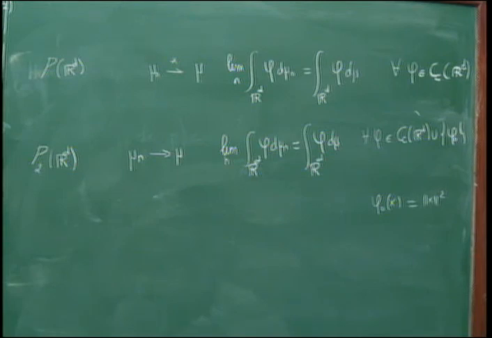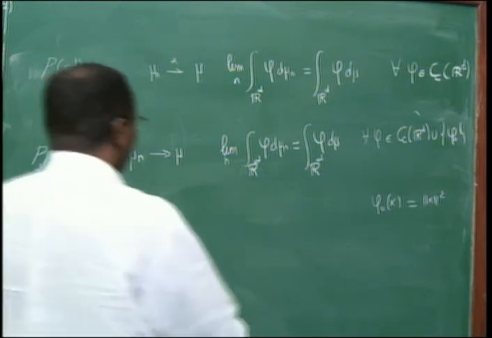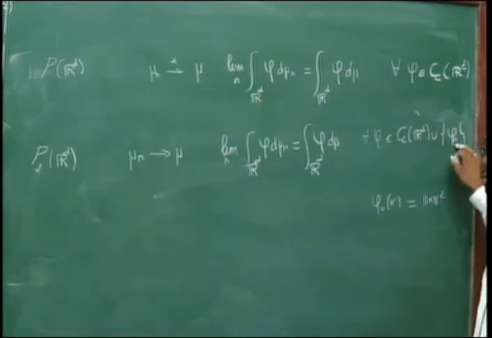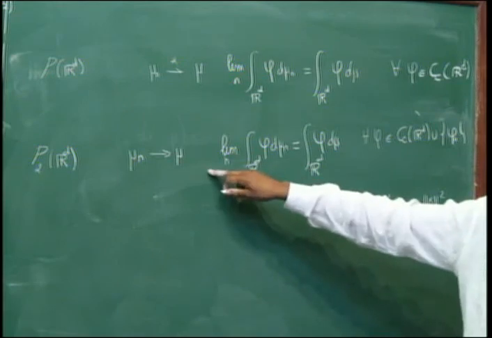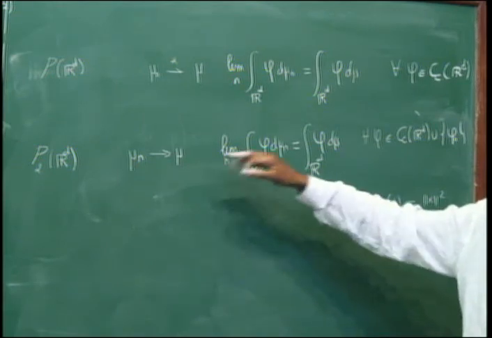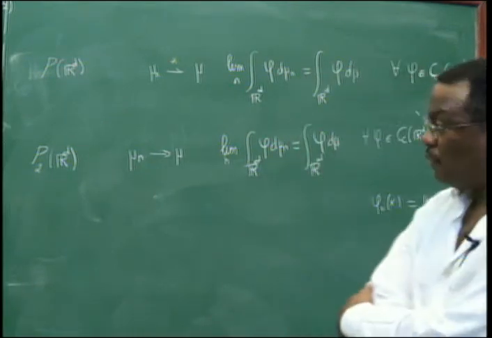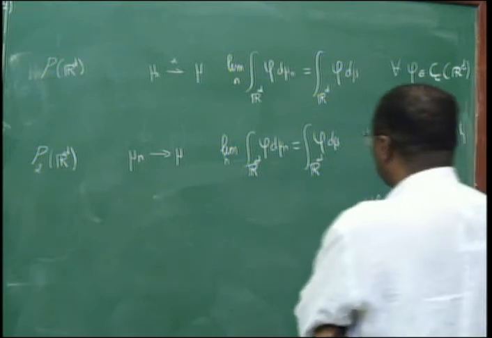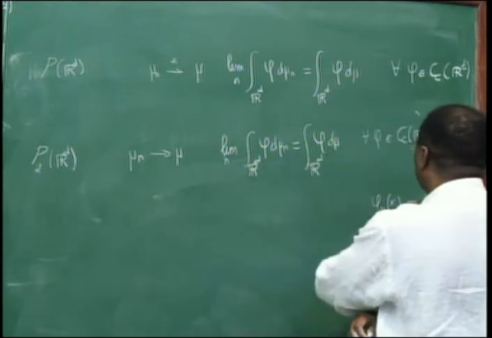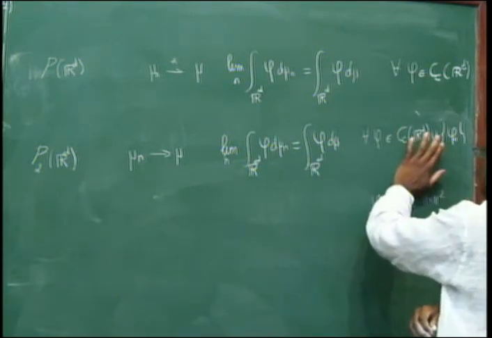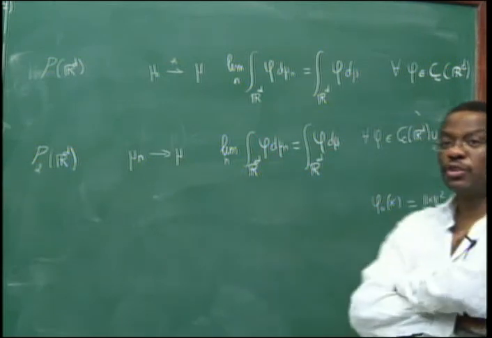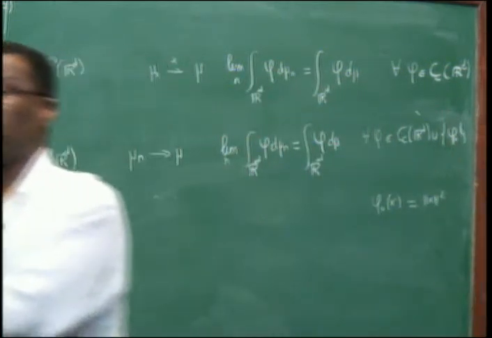However, what is true is that adding this function makes this topology metrizable, and the metric is the Wasserstein distance. So saying that a sequence of measures converges with respect to the Wasserstein metric is equivalent to saying that this equality holds for all test functions of compact support plus one specific function, which is s squared.